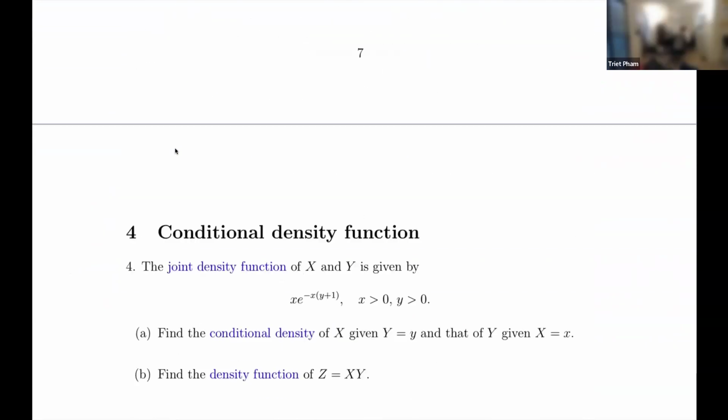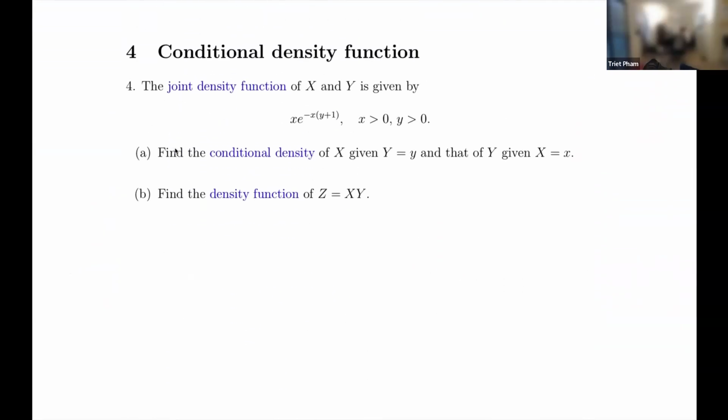The remaining ones are density and conditional density. Okay, and so, for example, let's take a look at this. So here is the joint density function, and you're asked to find the conditional density of x given y and y given x.